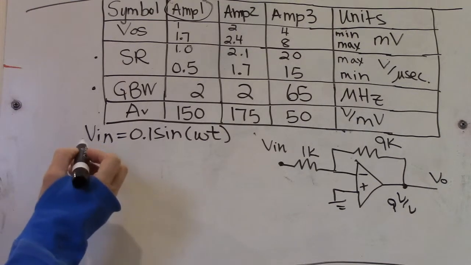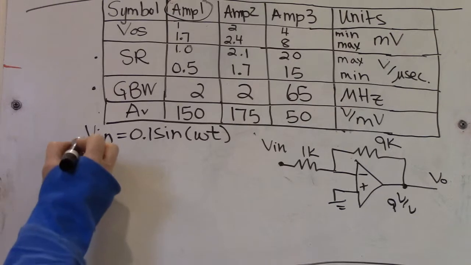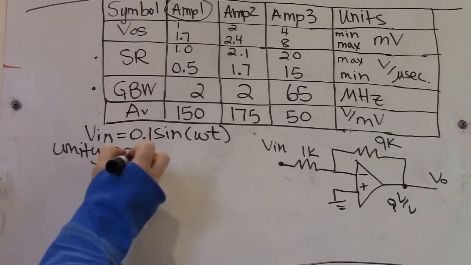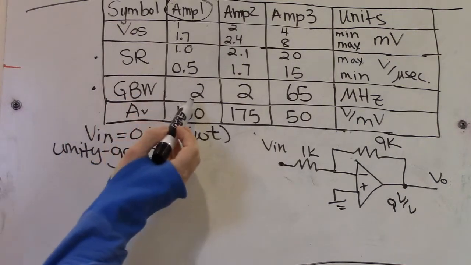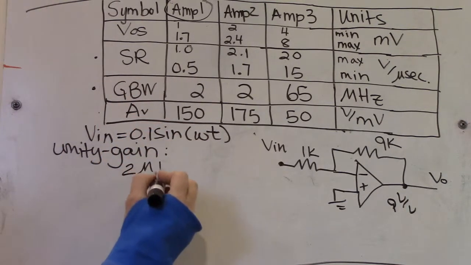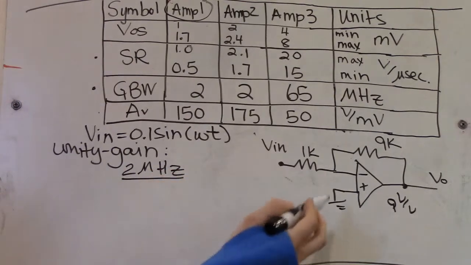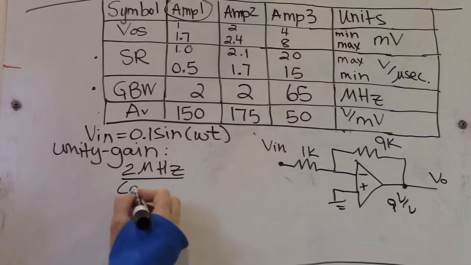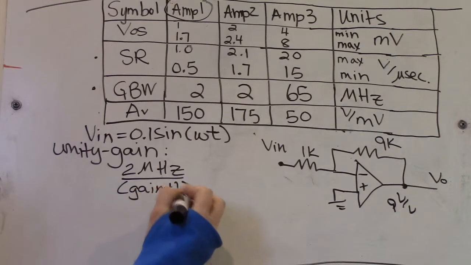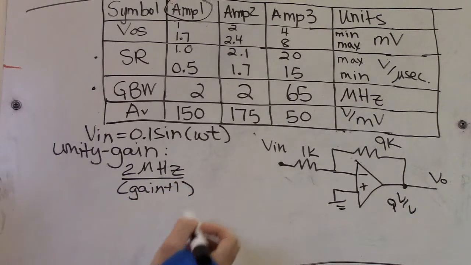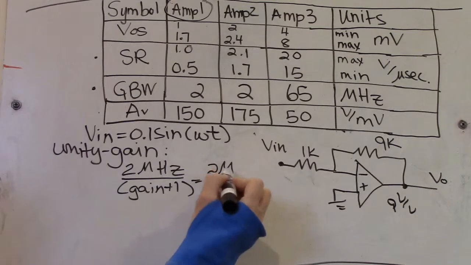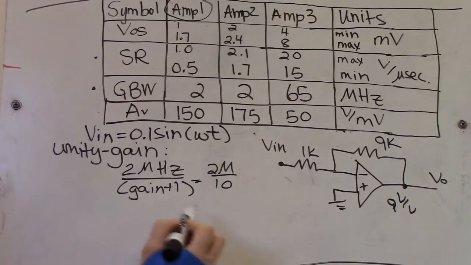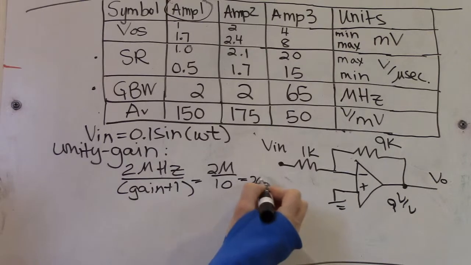First looking at unity gain, you would take the value of 2 megahertz and divide that by the gain plus 1, and the plus 1 comes because the noise gain is used, as for a non-inverting amplifier. So in this case, it's 2 meg over 10. This value gives you 200 kilohertz.